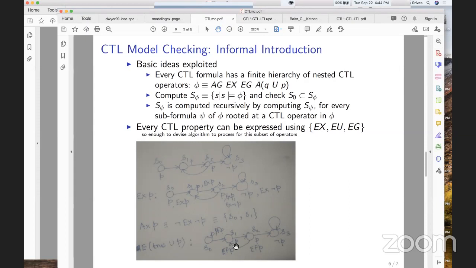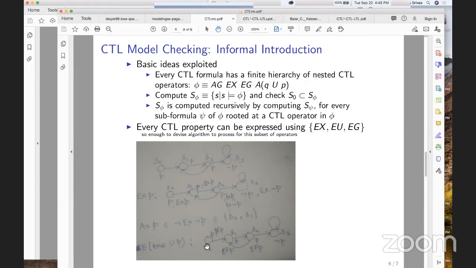And then you do the same thing, okay? After that, you have to look at all the predecessors of the states that have been labeled E of F of P, and see if you should add those states as well. In this case, there are no more. Yeah, no, there's no more, so it terminates here.